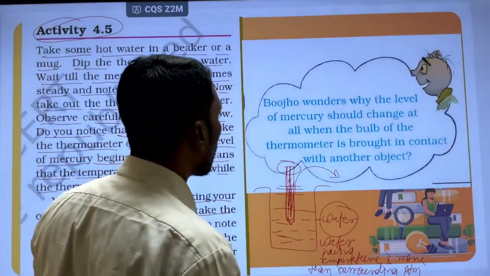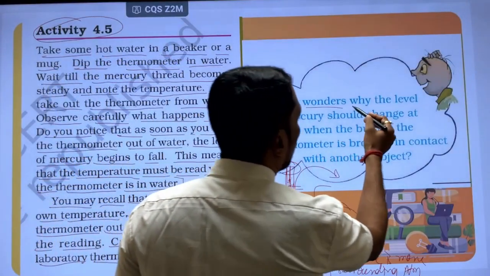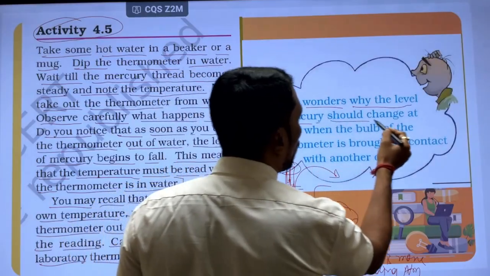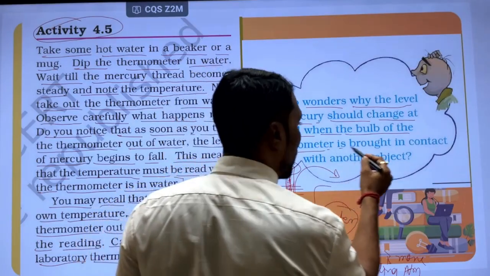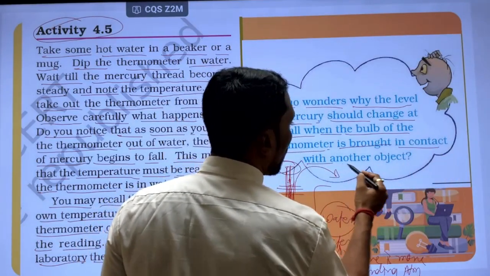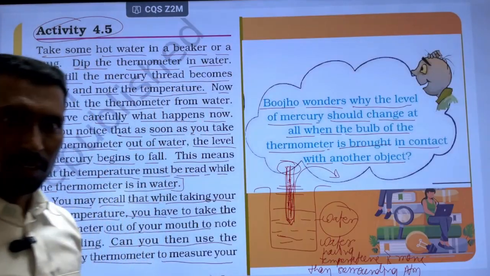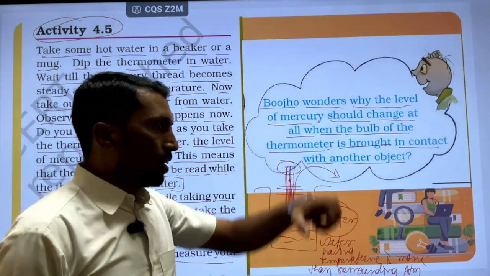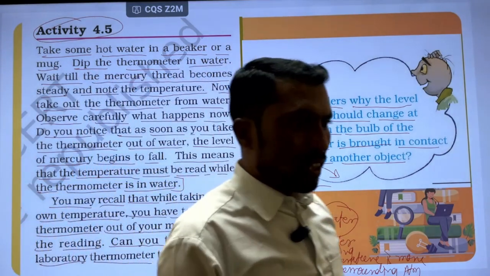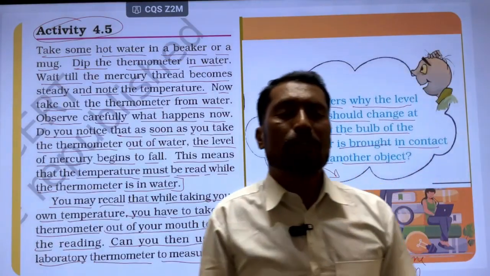Okay, next. Bujo wonders why the level of mercury should change at all when the bulb of the thermometer is brought in contact with another object. If we are measuring the temperature of an object, at that time we get a reading of 20 degrees Celsius.